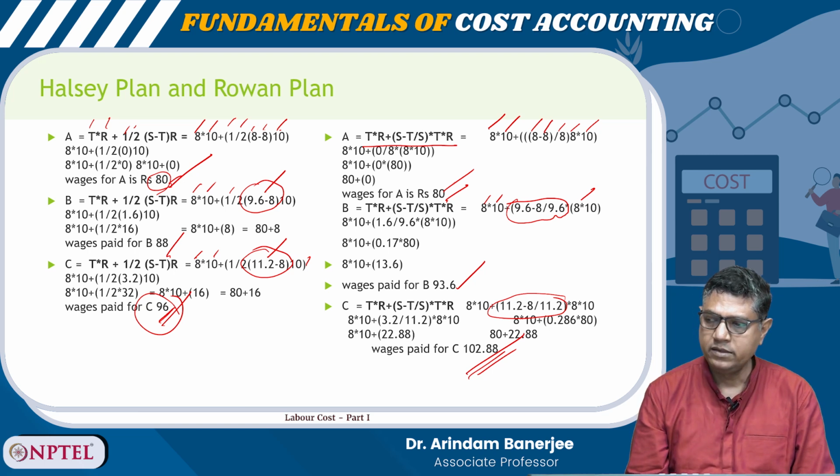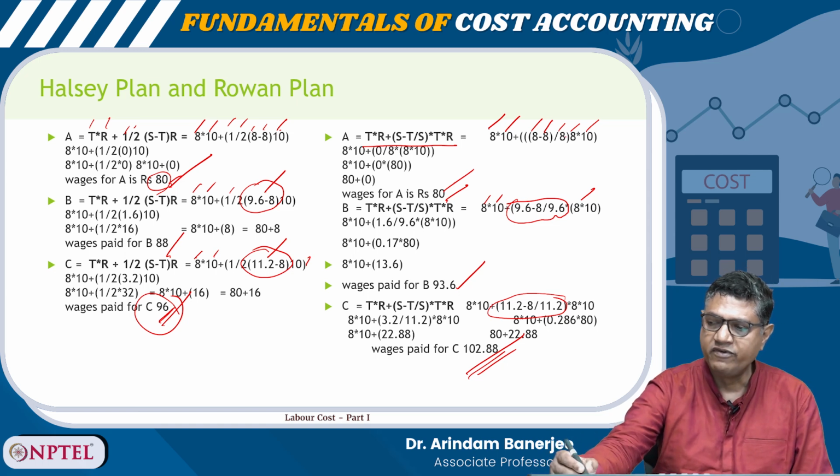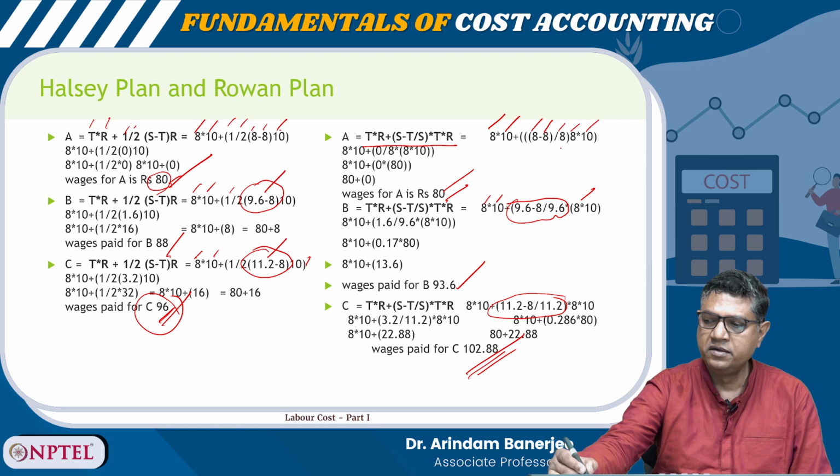In the Rowan plan, it is similar, but there is one difference. You see here it is divided by the standard time. So, it is 8 minus 8 by 8, right, and into 8 by 10 here.